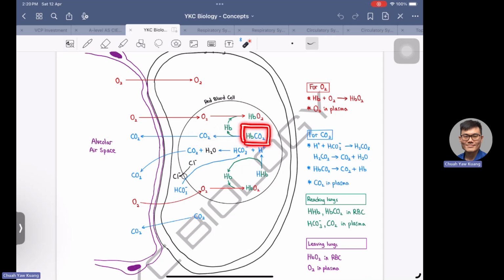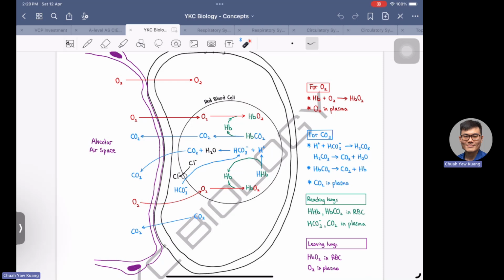So this carbaminohemoglobin will dissociate and release the hemoglobin and carbon dioxide. Then this carbon dioxide will diffuse out of the red blood cell into the alveolar airspace as well. And in the last pathway, those carbon dioxide molecules that stay in the plasma will also diffuse into the alveolar airspace down the concentration gradient.